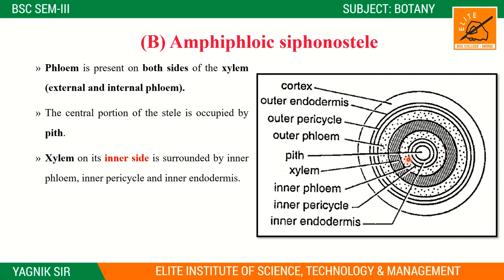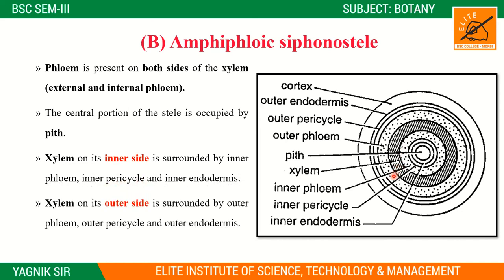On the inner side of the xylem, the inner phloem is present, then the inner pericycle, and then the inner endodermis. So the pith is surrounded by the inner endodermis, inner pericycle, inner phloem and then the xylem, right? And these xylems on the outside are surrounded by the outer phloem, outer pericycle and outer endodermis, right?